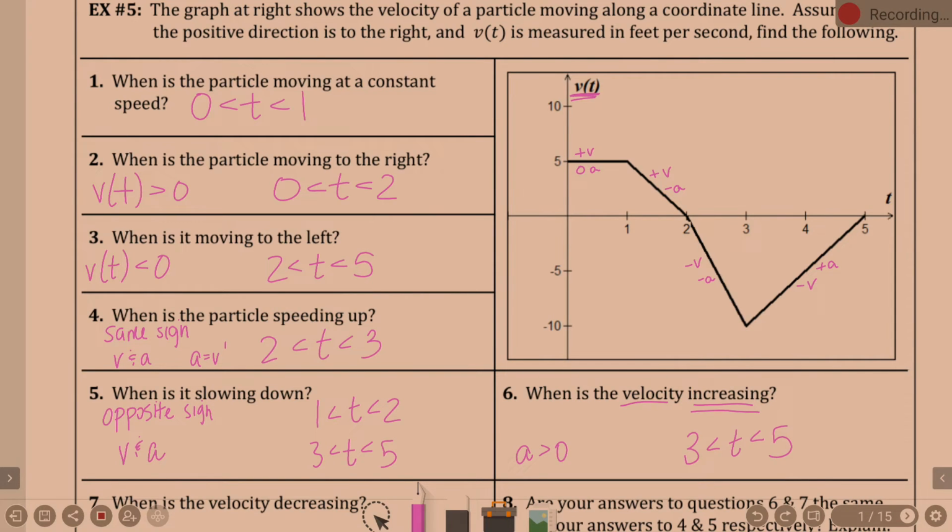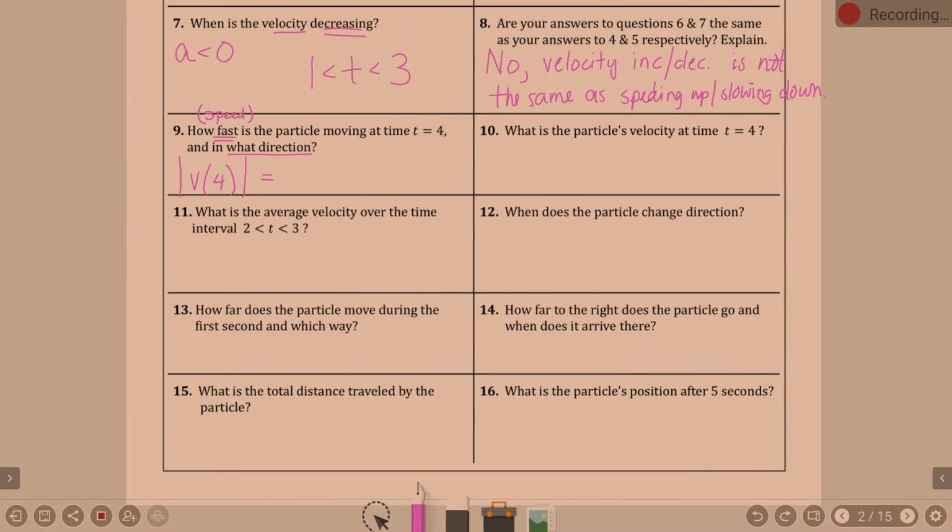You're looking right here, and it is lining up with -5. However, we are smart cookies, and we know the absolute value of -5 is 5.